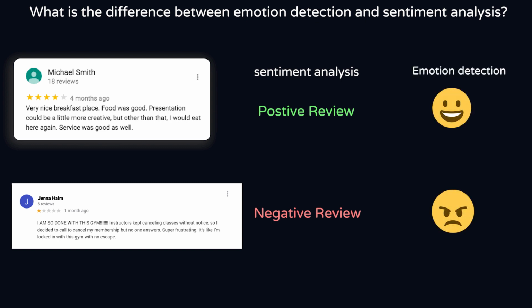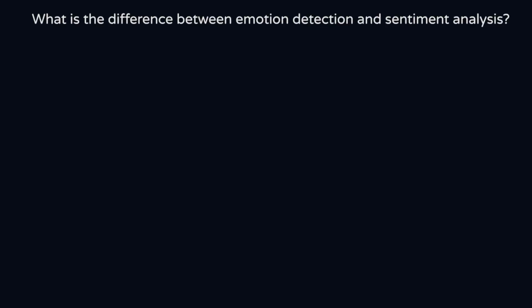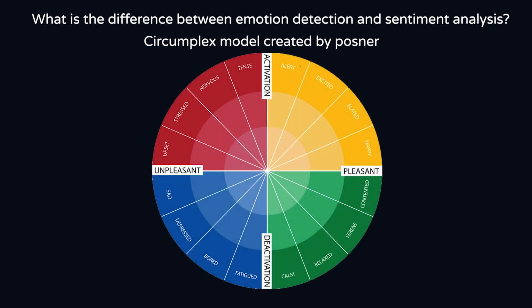But when we're working on emotion, we dive a little bit deeper. We're trying to figure out what kind of emotion the user has: anger, fear, joy, disgust. Let me explain it like this. There is a model called the circumplex model created by Posner. Posner put the emotions on a 2D plane.